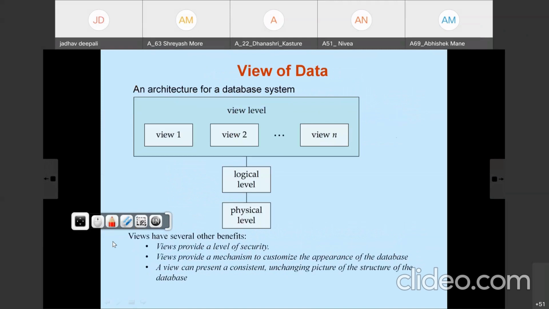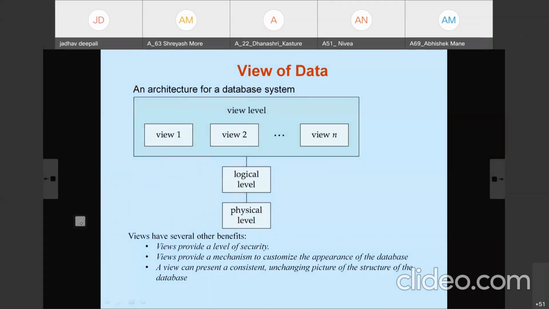The same diagram is shown here. The physical level is the lowest level, next the logical level, and the view level which provides the views. Views have several other benefits. Views provide a level of security. Views provide a mechanism to customize the appearance of the database, meaning only the authorized person sees that data.